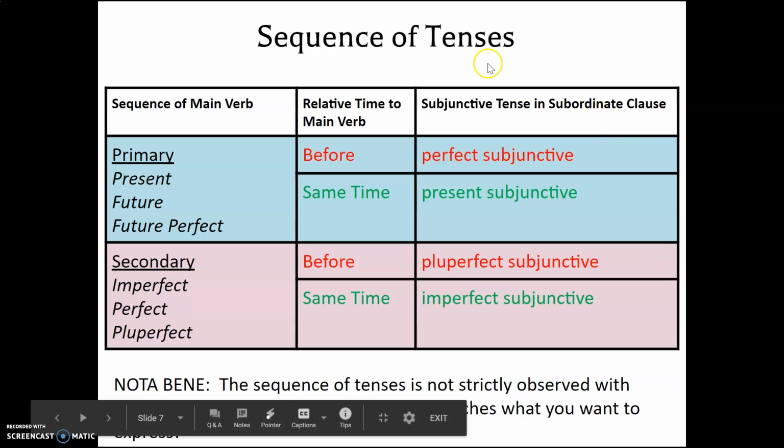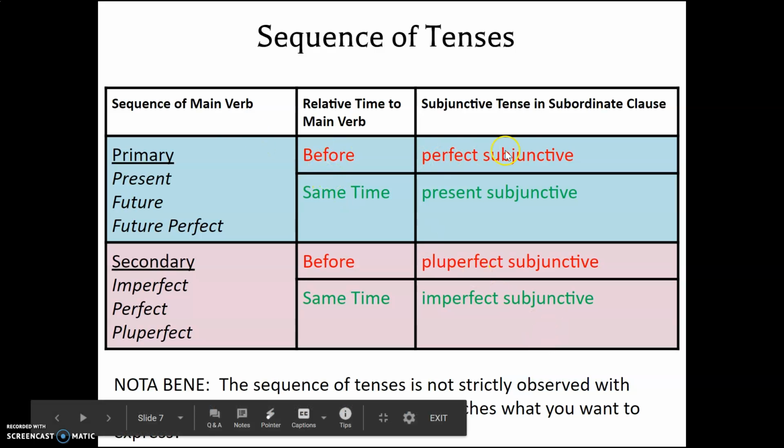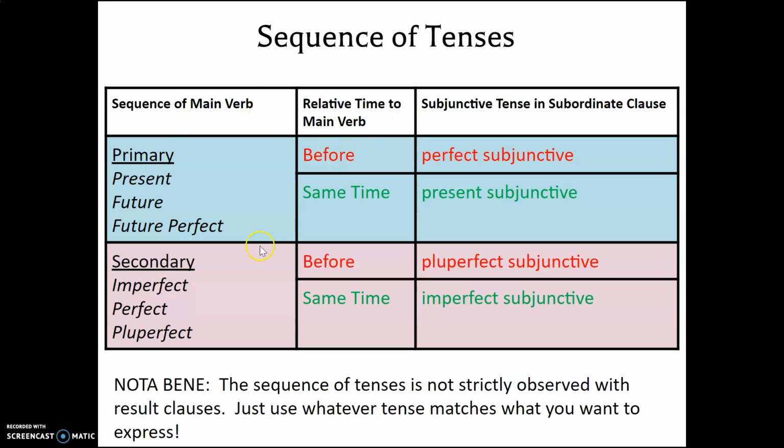So we know there are 4 different tenses of the subjunctive. We've got present, imperfect, perfect, and pluperfect. Perfect subjunctive is used to express time before our main verb. Present subjunctive expresses the same time as our primary tense main verb.